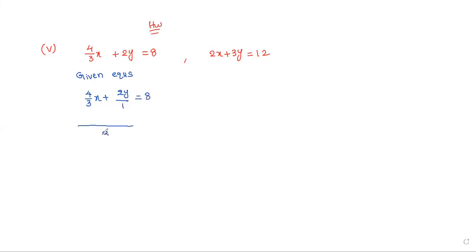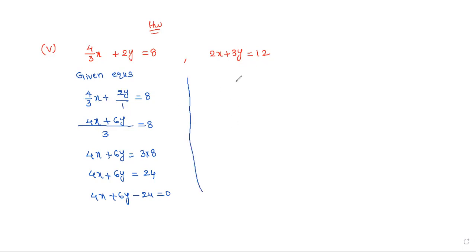LCM 3: 4 into 1, 4x plus 3 twos are 6y is equal to 8. Same method: 4x plus 6y is equal to 3 into 8, 24. 4x plus 6y minus 24 equal to 0. 2x plus 3y plus 12, transposing to the left side, minus 12.